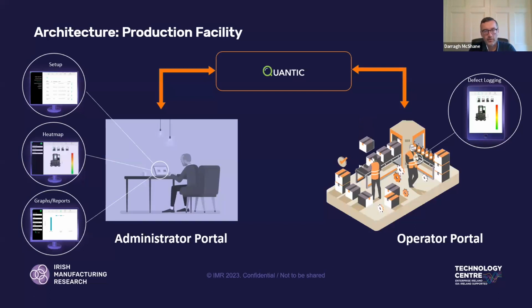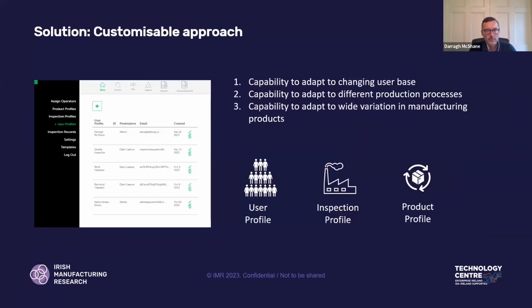Along with that, the operator portal also allows for associated pictures, images of defects to be captured on the line using the line side mobile tablet. And you can also associate messages with that information, as well as share that with a targeted group of contacts, all by email.